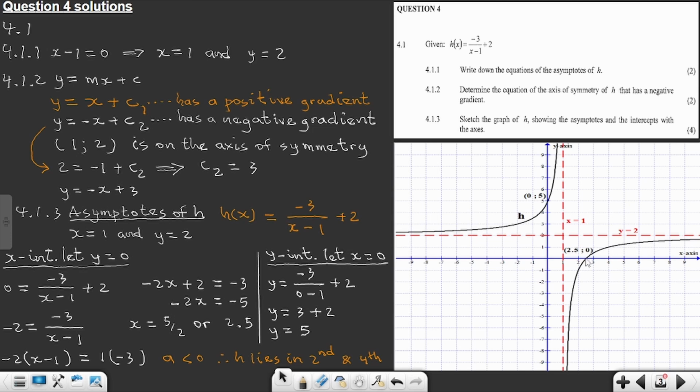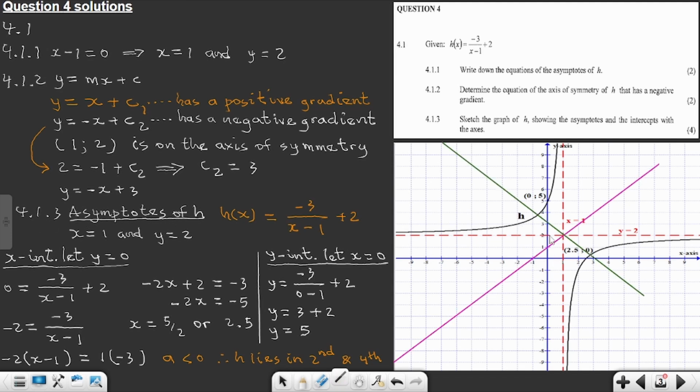The coordinates of the x-intercept are 2.5 and 0. This is your x coordinate and this is your y coordinate. You know that at the x-intercept, y is 0. The graph lies in the second and fourth quadrant. We are done with question 4.1.3.